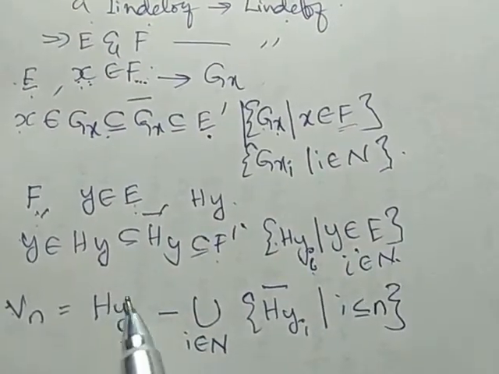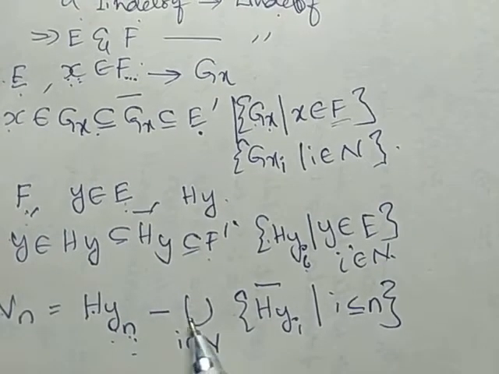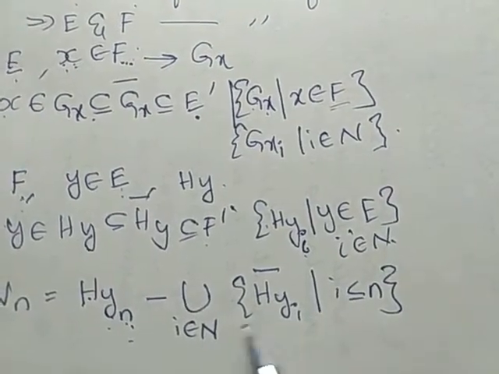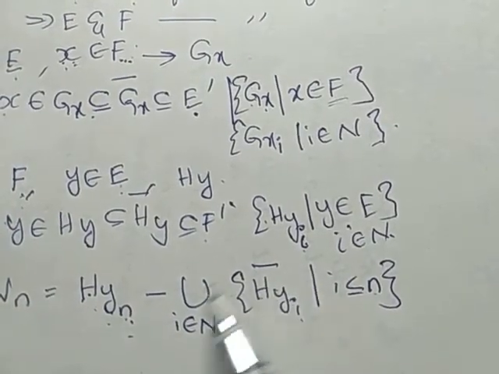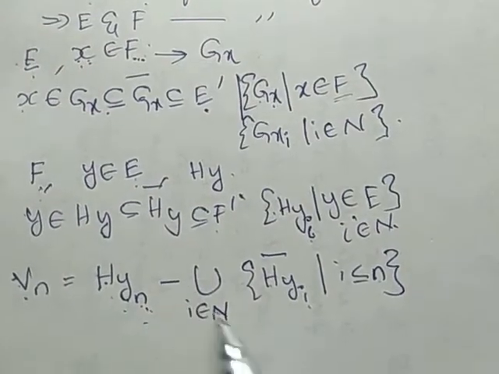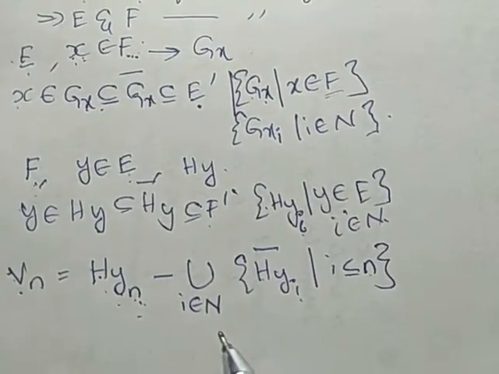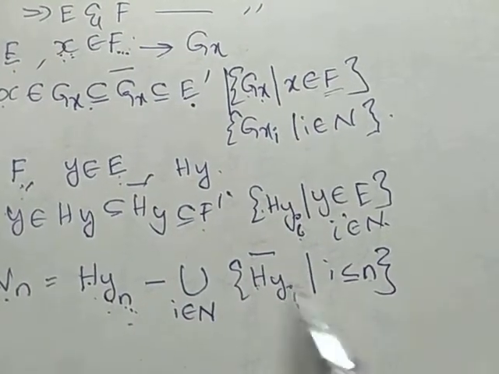It means except Hyn, here we are removing all these elements till N. Hyi closures we are removing. So, Vn is equal to Hyn minus union of i belongs to N such that Hyi closure.